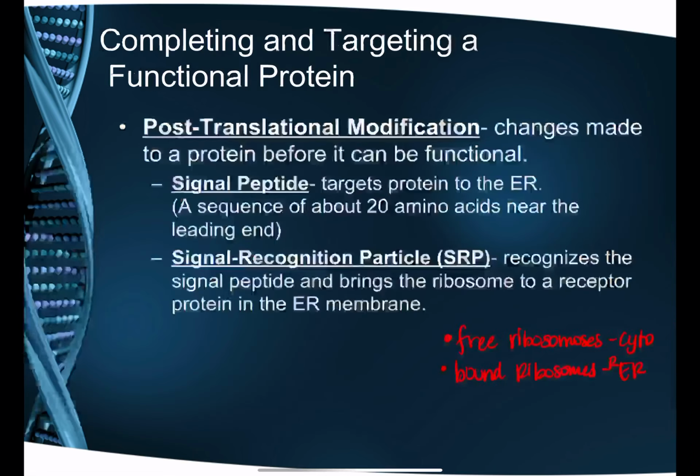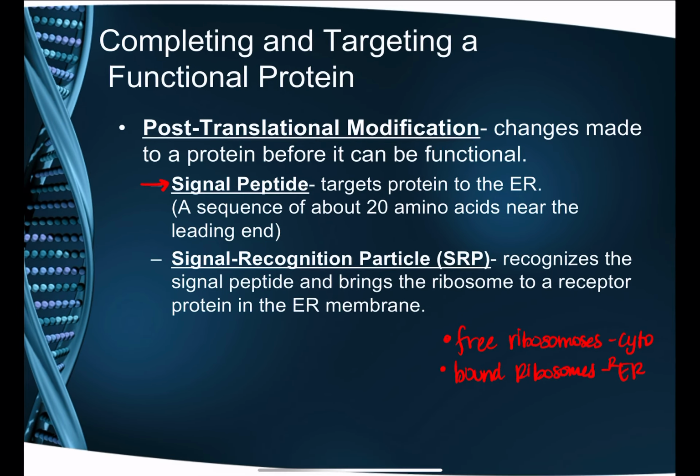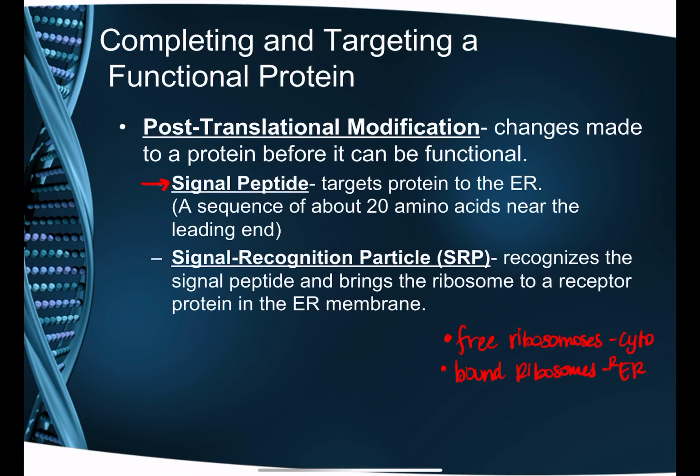Well, some of these ribosomes have polypeptides with a signal on them, and that's going to target them to the ER, the rough ER. Okay, so it's a series of amino acids that's going to say, hey, this guy needs to go to the rough ER.